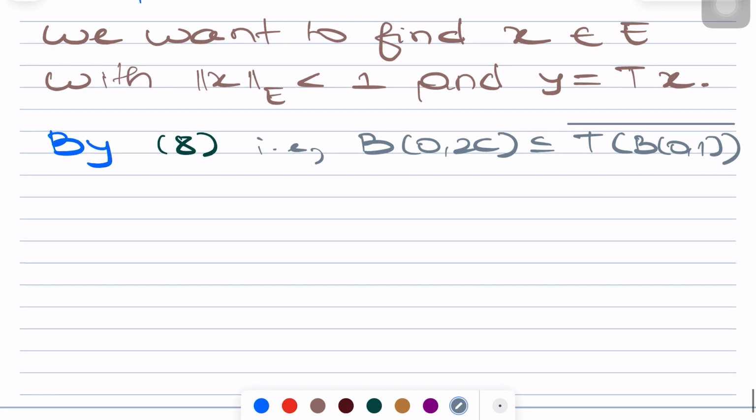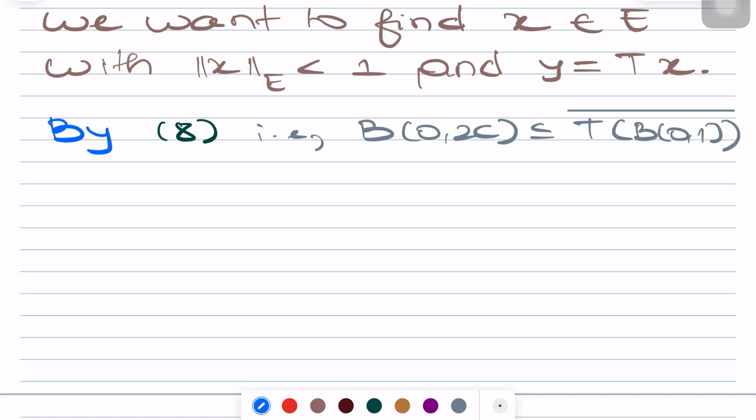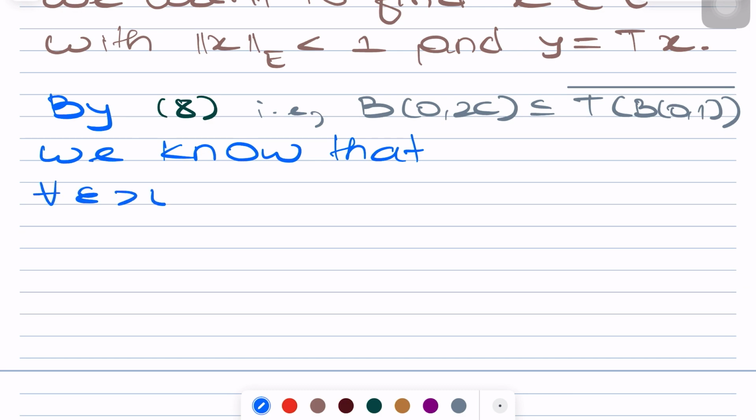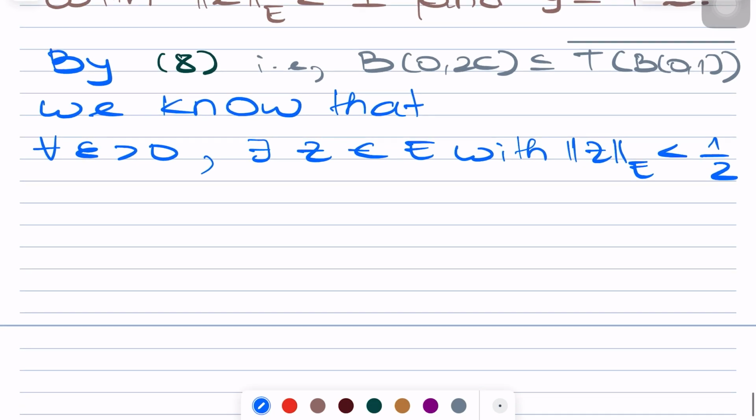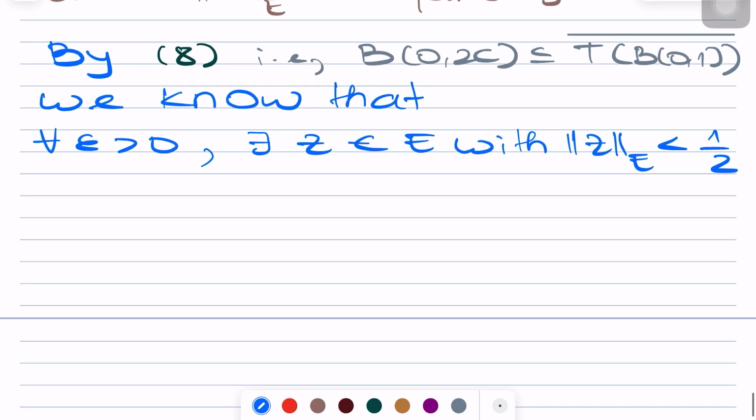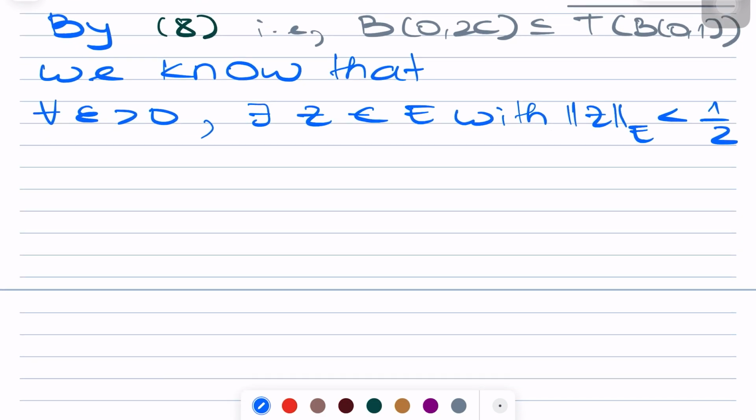So by (8), we know that for every epsilon positive, there exists z in E with norm of z in E less than 1/2 such that the norm of y minus Tz in F is strictly less than epsilon.